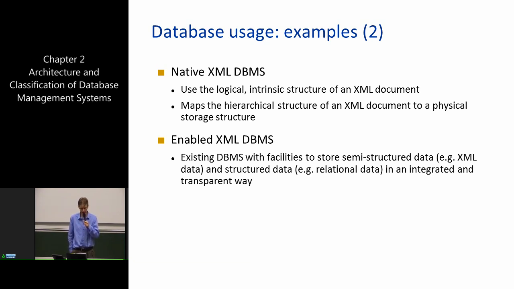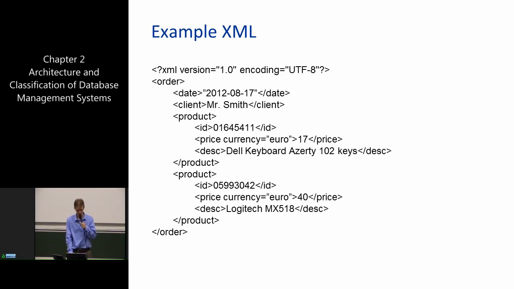This is completely different in an enabled XML database, because an enabled XML database will be an existing DBMS, but which has facilities to store semi-structured data like XML data together with structured data in a comprehensive, integrated, and transparent way. So this is another way of looking at database usage, looking at the way it can deal with XML either in a native way or in an enabled way.